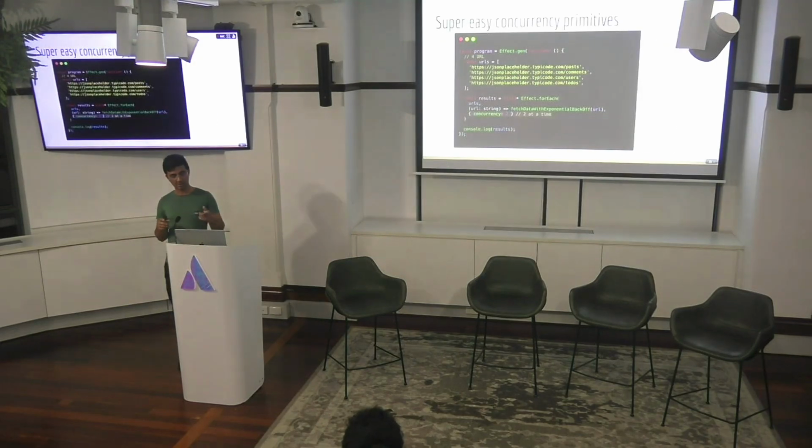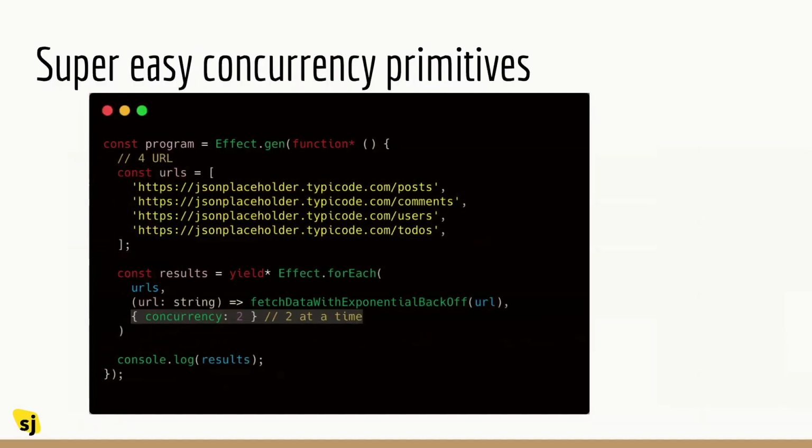Now when I call this function, say I'm declaring 4 URLs, and then I'm doing forEach through the URLs, and I'm calling that function. Because it's 4 URLs, I can specify a concurrency primitive. So Effect also provides a really easy way to run effects with any sort of complex concurrency primitive. This is a very basic example, just the tip of the iceberg. We can do some really complex concurrent stuff with Effect.